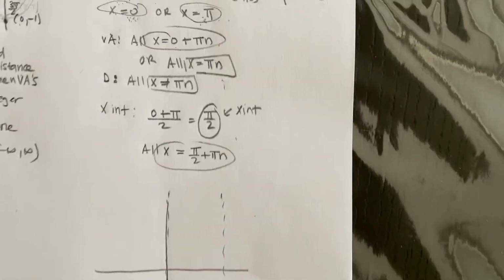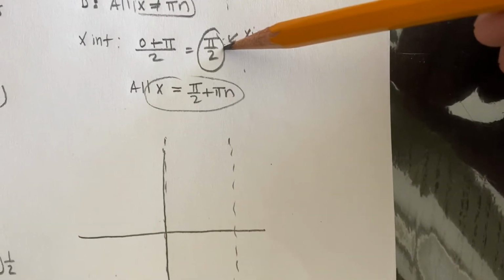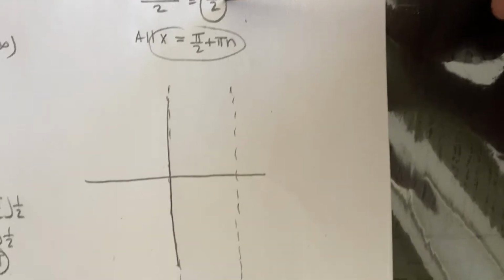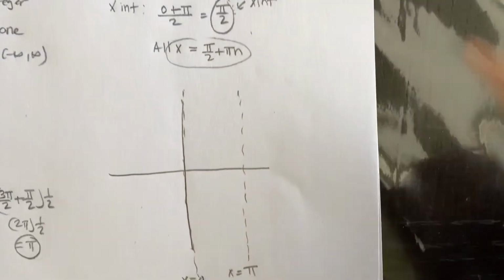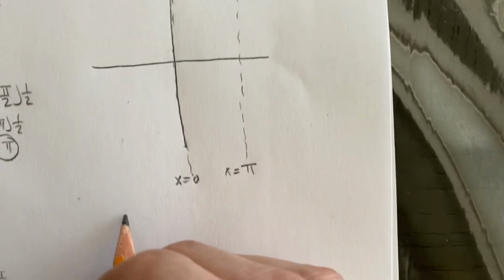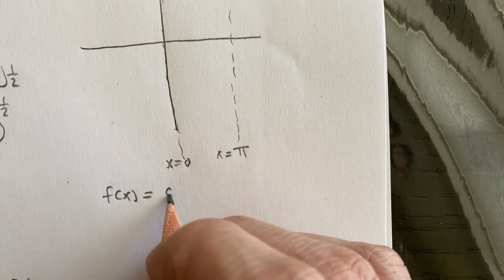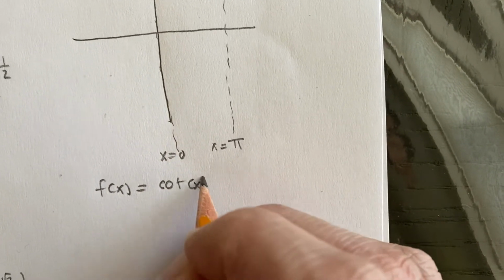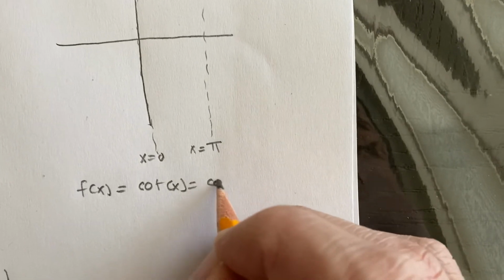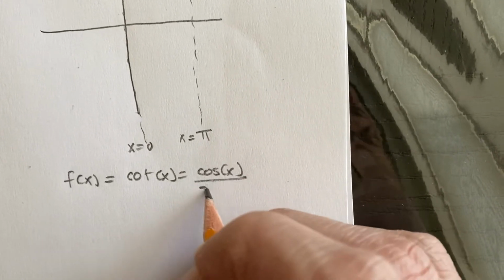I also know I have an x-intercept at pi over 2. But let's plug in some points just to verify that, okay? So likewise, I'm going to write f of x is equal to cotangent of x, which is equal to cosine of x over sine x.